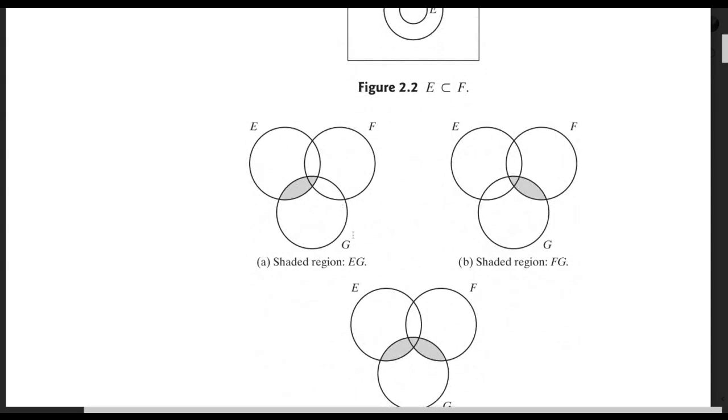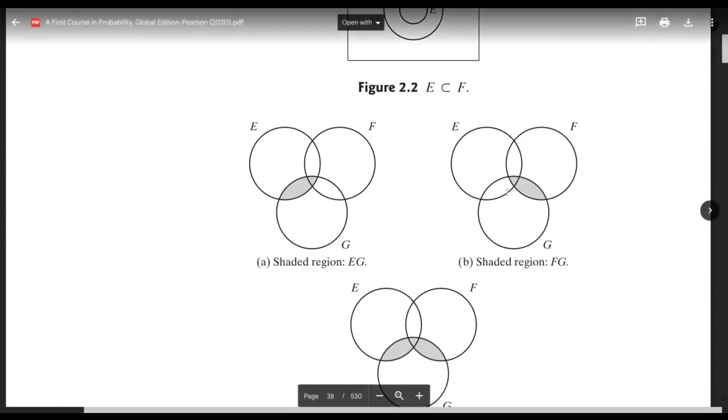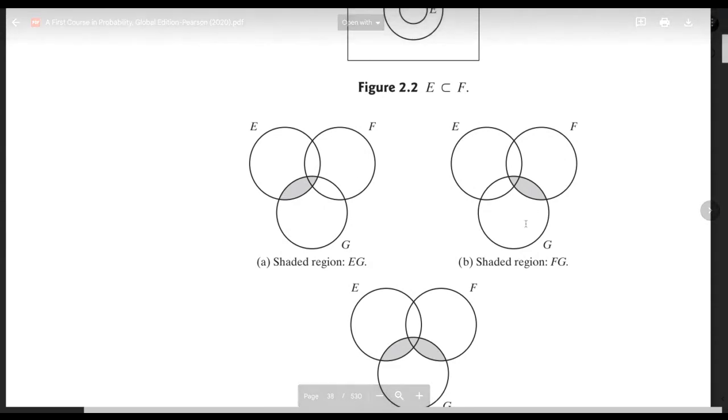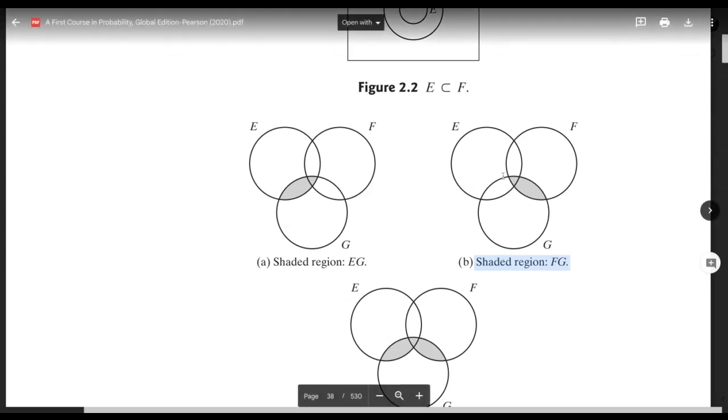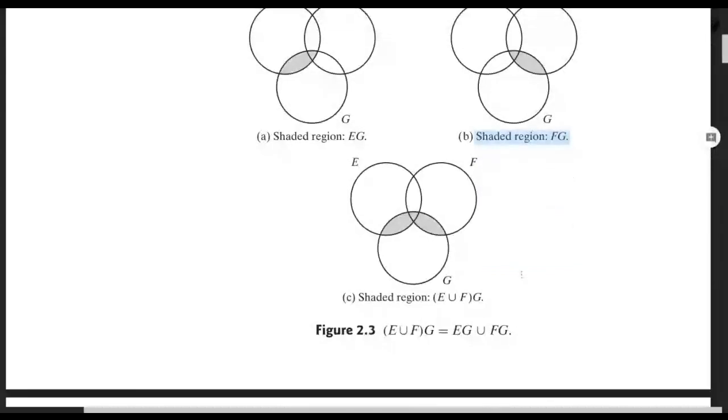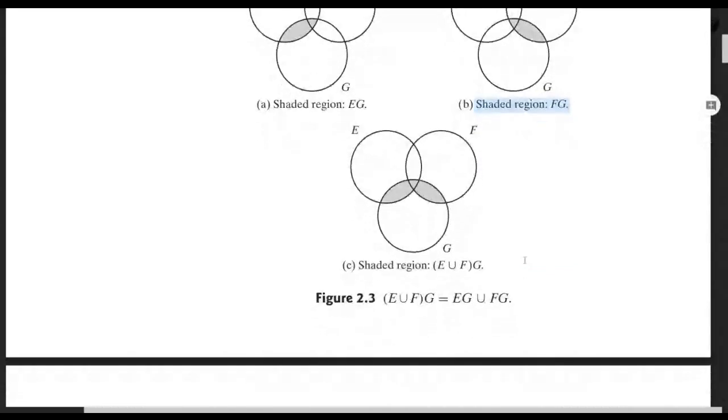So I have E, F, G. The shaded region is E intersect G, and this is F intersect G. Even when we have three sets, or three events. What about this one?